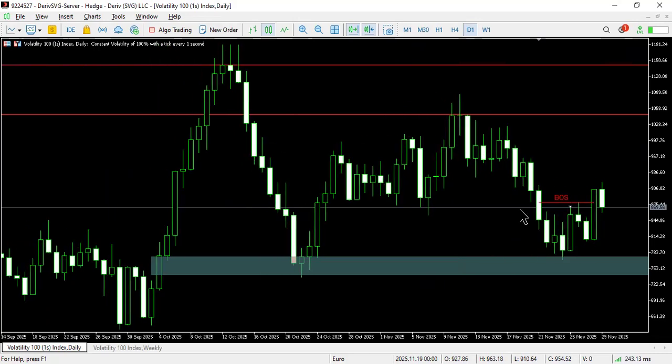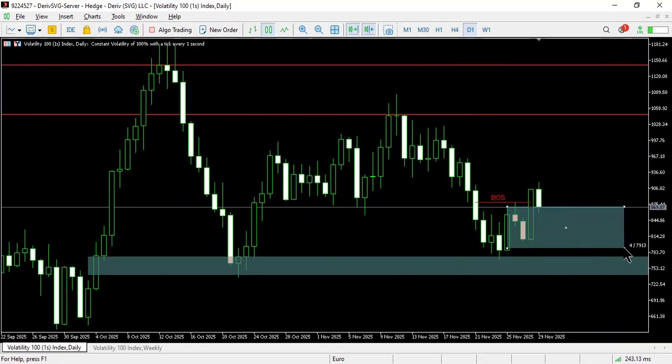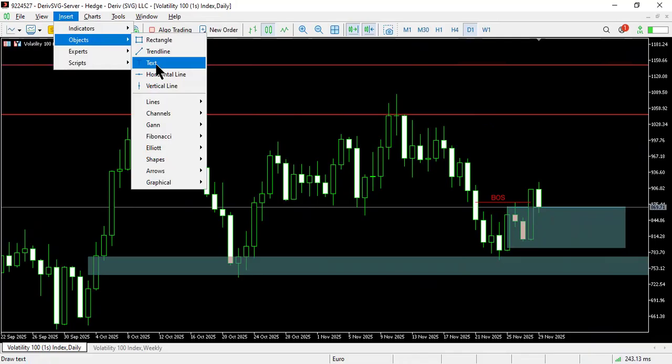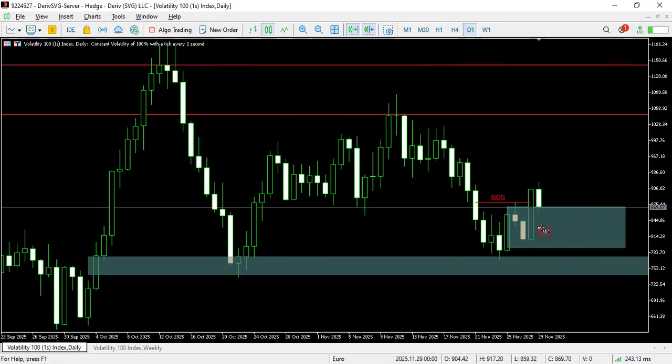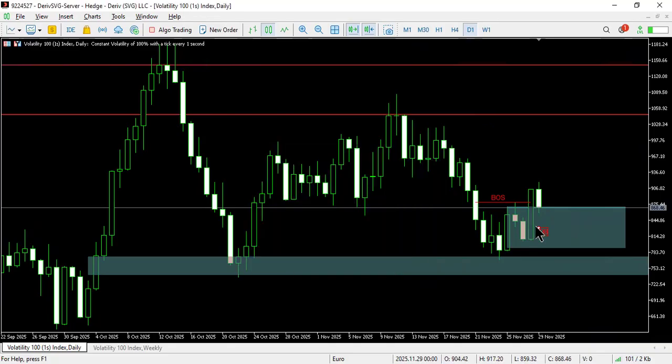It is that order block where price is currently reacting from. So that is the order block, and that is pretty much it from the daily time frame.